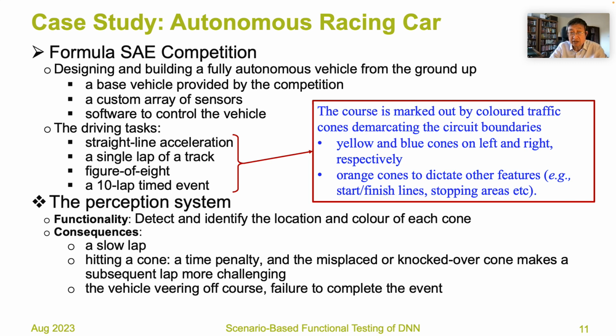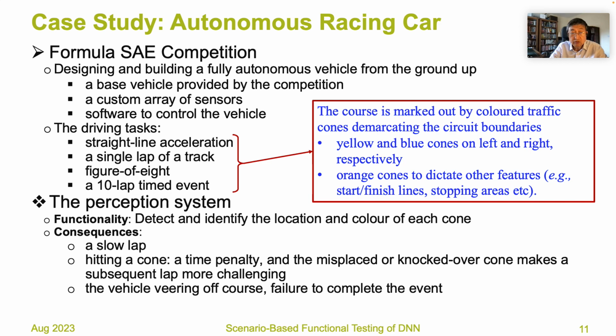If the detection is incorrect, there are a number of consequences, ranging from a slower lap to hitting a cone, which also has a time penalty associated with it. The car could also go to the wrong places because the cone is misplaced by the car hitting it.